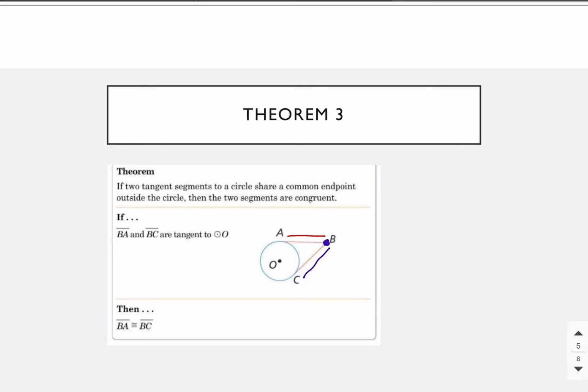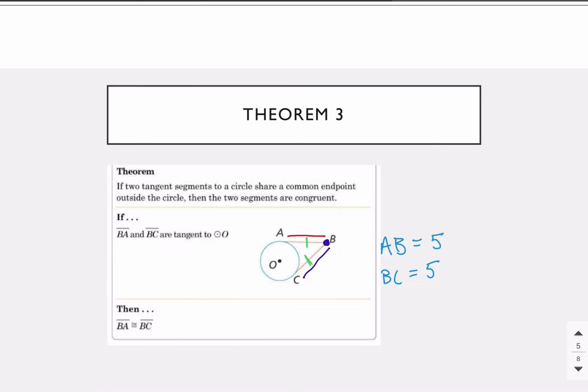For instance, if I knew that AB equaled 5, BC would also equal 5. That's just an example with a number.